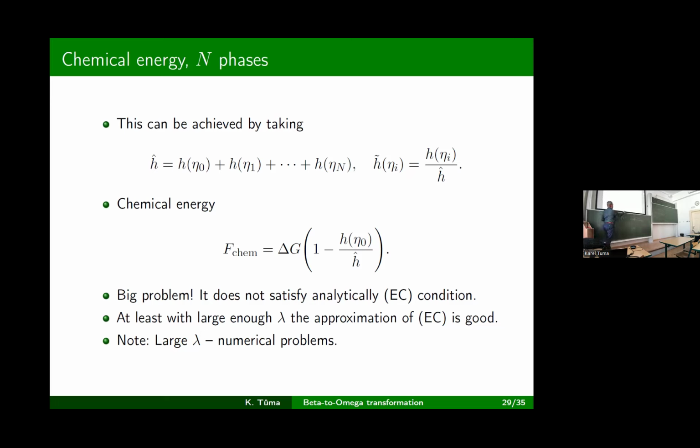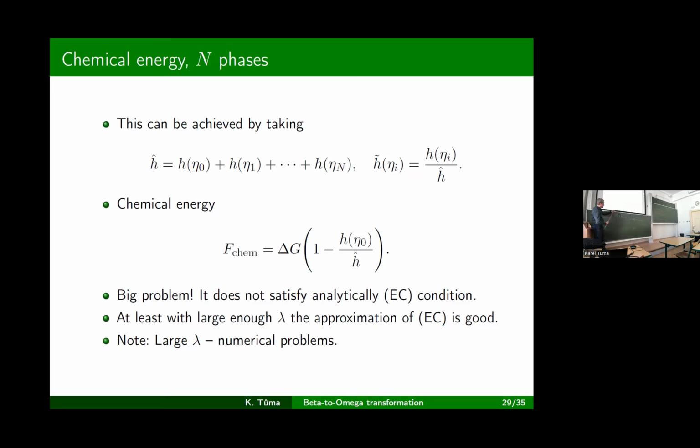So this is how it looks, and as I said, we want the EC condition, the evolution consistency condition, to be satisfied. If you insert it into the governing equations and do quite a lot of calculations, you find out that this does not satisfy the evolution consistency.